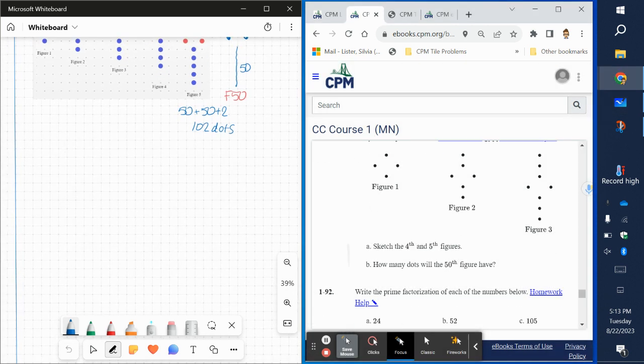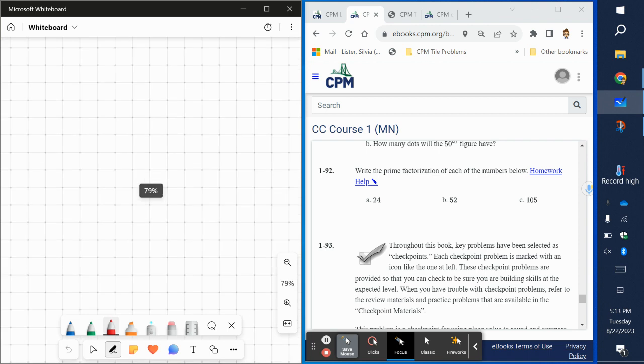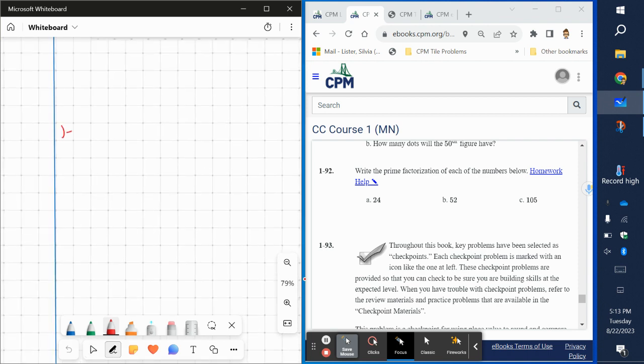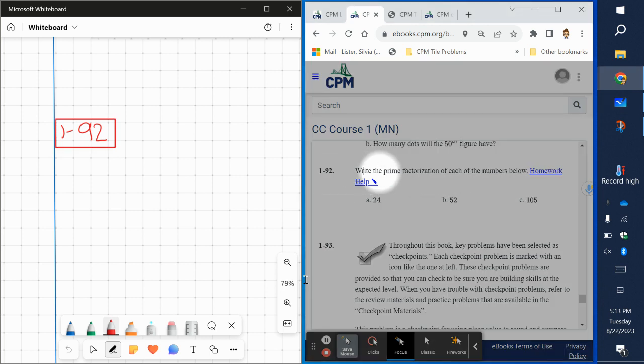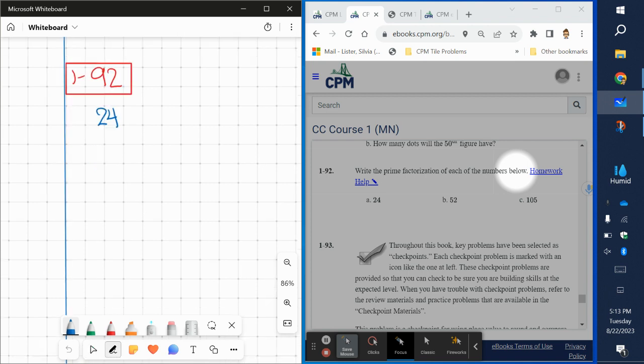Let's do 192. Write the prime factorization of each of the numbers below. So let's start with the number 24. And whenever you're figuring out factors, you're figuring out numbers that multiply to give you a specific number.